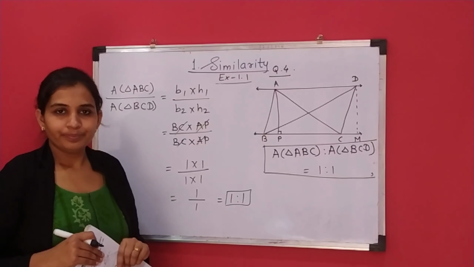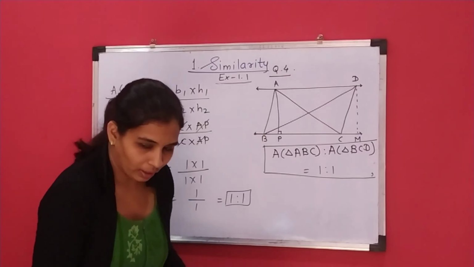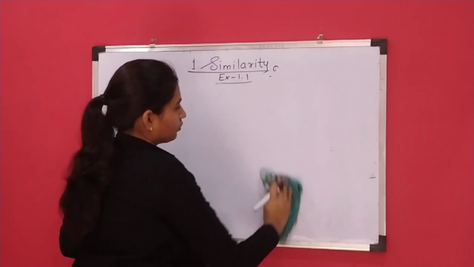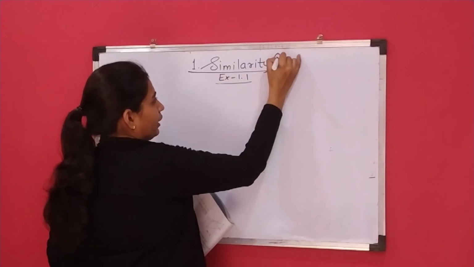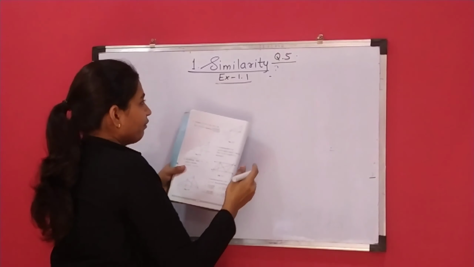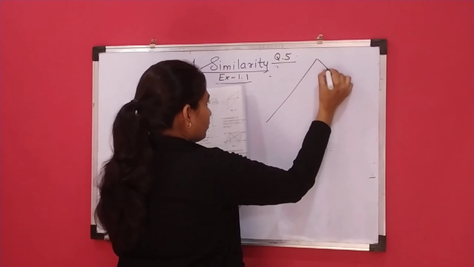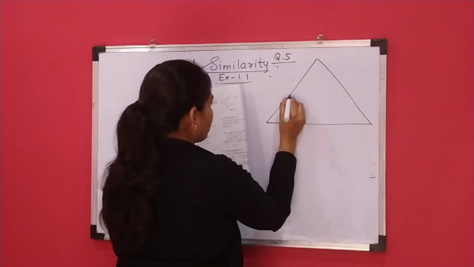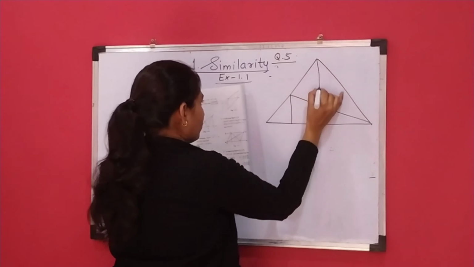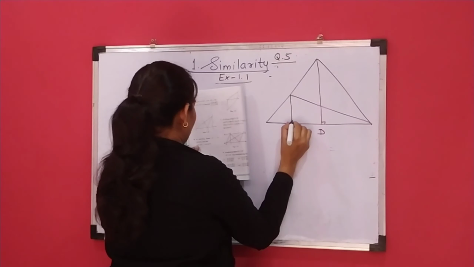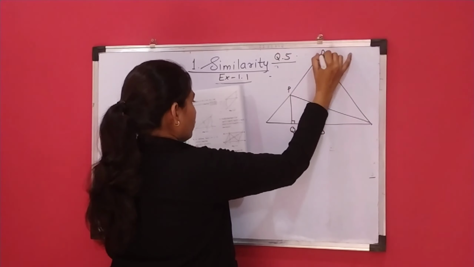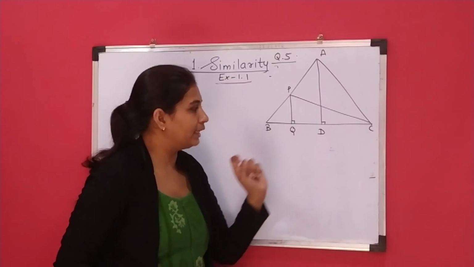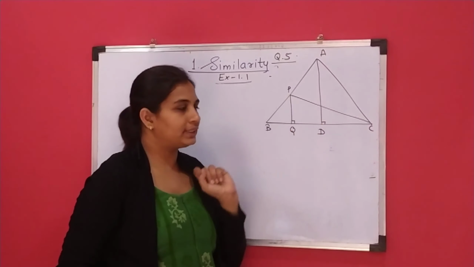Is it simple? Good. Now in question number 5, we are given a triangle ABC and triangle PQC.